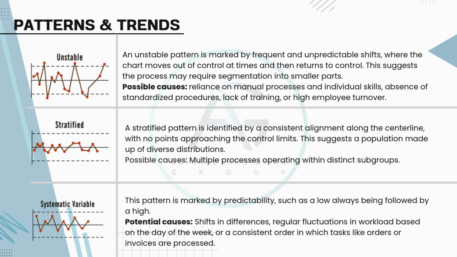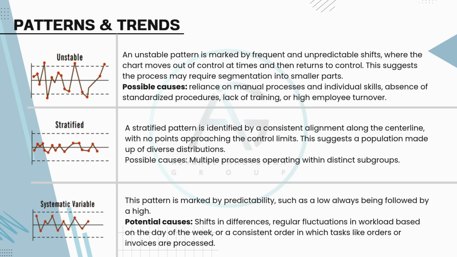This slide continues exploring different patterns and trends in control charts, focusing on three more complex behaviors: unstable, stratified, and systematic variable patterns. Unstable pattern. This is marked by frequent and unpredictable shifts, where the chart may move out of control and then return.